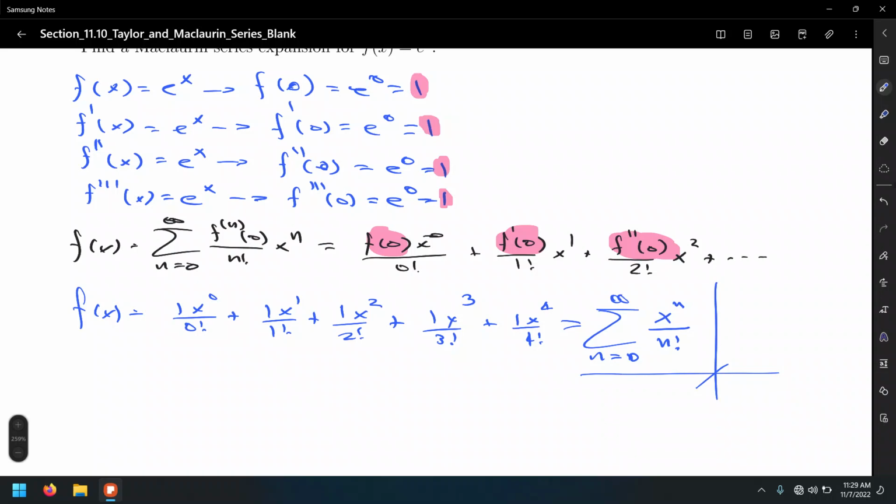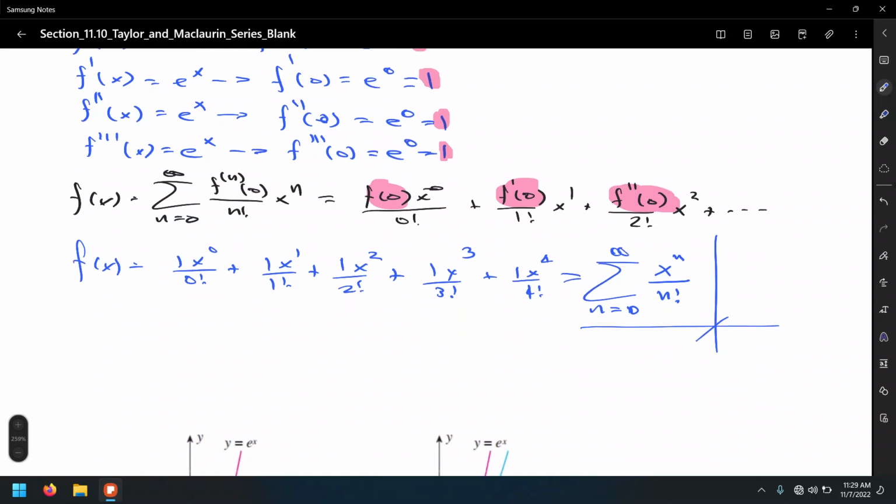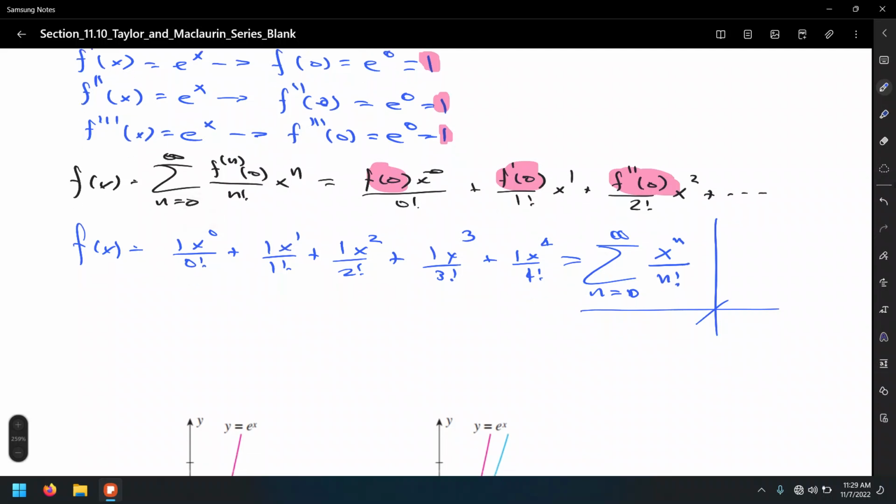Well, I'm going to simplify the factorials in the end. You'll see why. That's because I want to make a point between the linear approximation and further approximation. So this is the same as saying 1 plus x plus 1/2 x squared plus 1 over 6 x cubed. And 4 factorial is 6 times 4, that's 1 over 24, x to the 4th power.